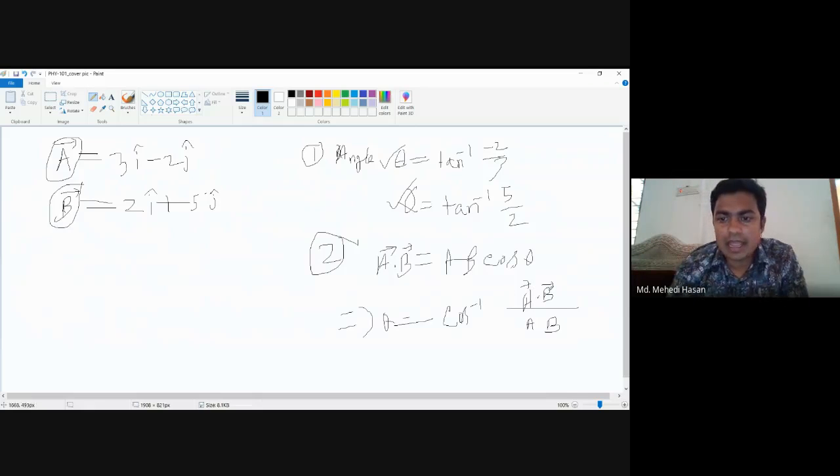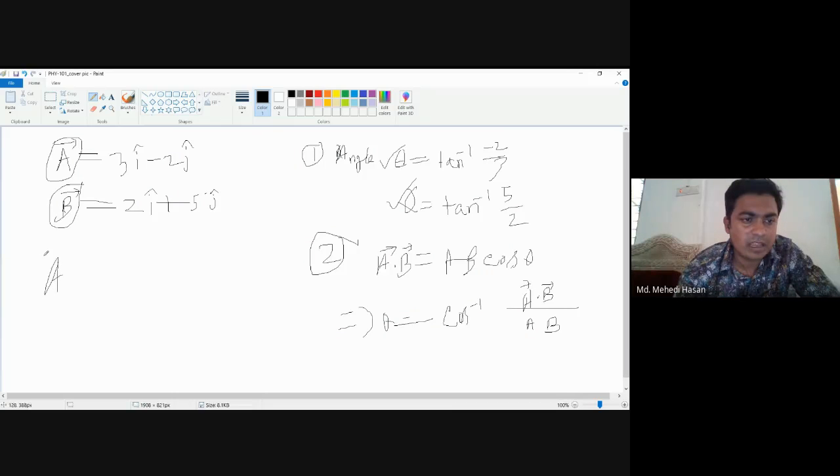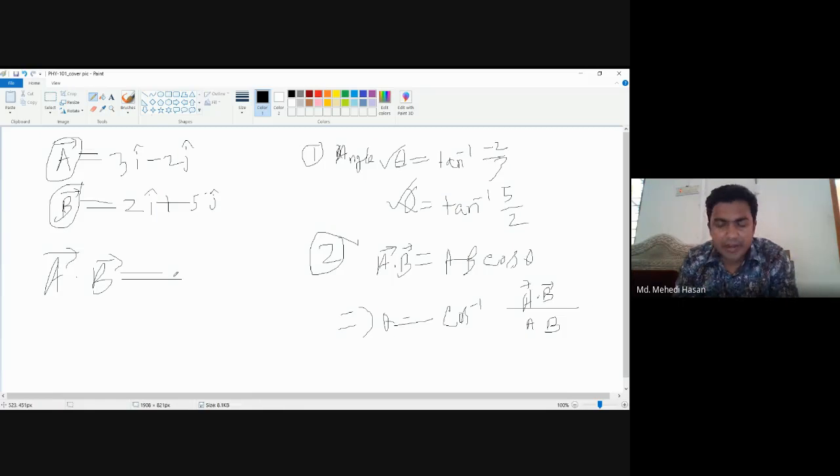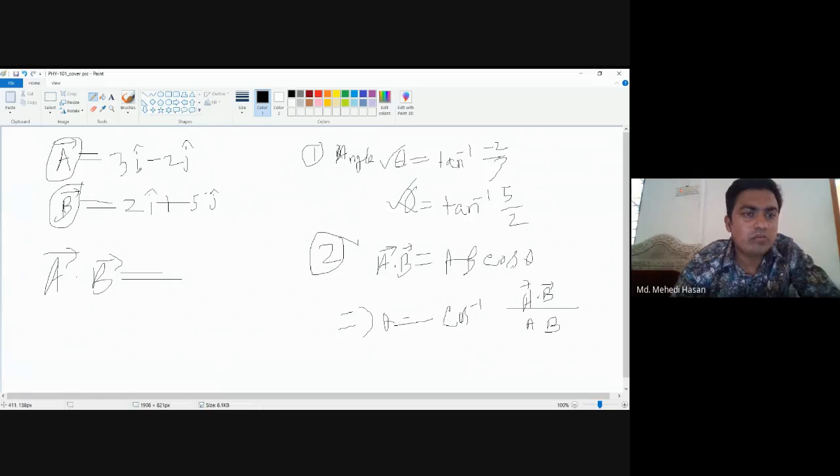In case of A dot B, you have to follow that formula. Since the dot product of different unit vectors is 0, we don't need to find the dot product of these two and these two. Just i dot i and j dot j.